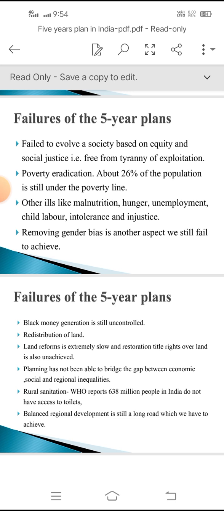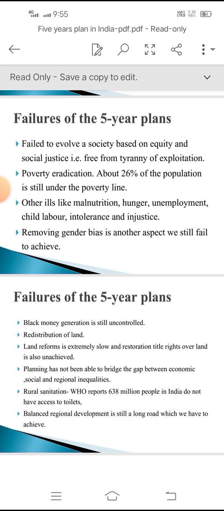The redistribution of land: land reforms are extremely slow, and securing title rights to land is also unachieved. The planning has not been able to bridge the gap between economic, social and regional inequalities.